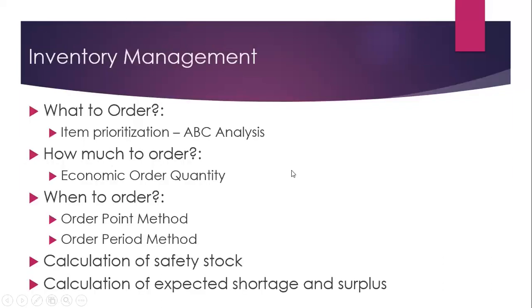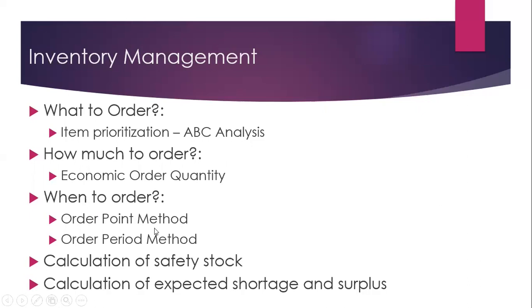Then inventory management. Three important questions of inventory management include what to order, how much to order, when to order. What to order, the answer is ABC analysis. How much to order, the answer is economic order quantity. When to order, the answer is order point method and order period method. These are two policies for replenishment.